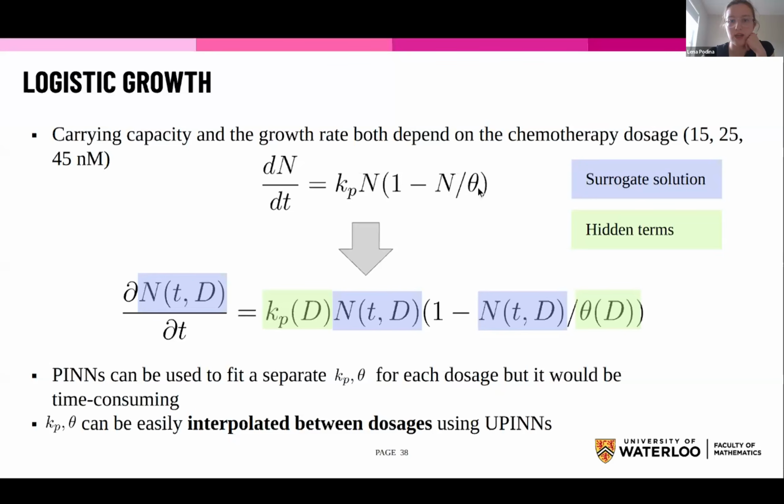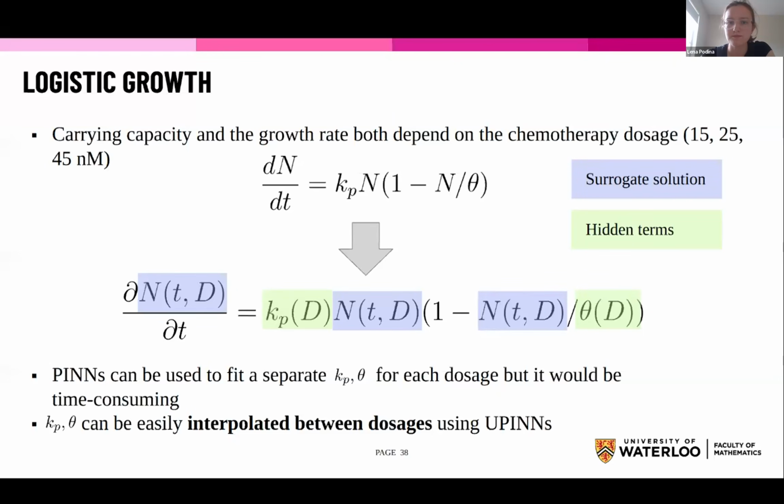We have a proliferation rate and we have a carrying capacity. In the previous scenario, the carrying capacity we just assumed to be 1. But here we actually have a carrying capacity, the max number of cells that the medium can sustain. And we're going to assume that the carrying capacity and the growth rate both depend on the chemotherapy dosage.